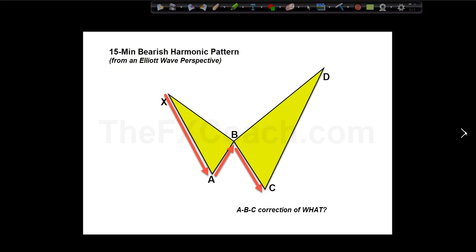From an Elliott wave perspective, you have to understand these letters in here, in terms of the ABC, are not random. They're part of a bigger move.